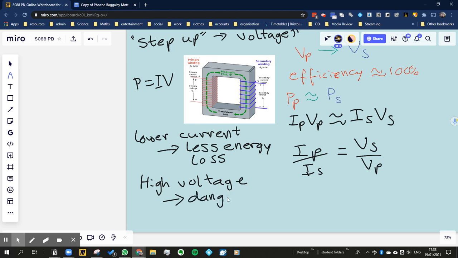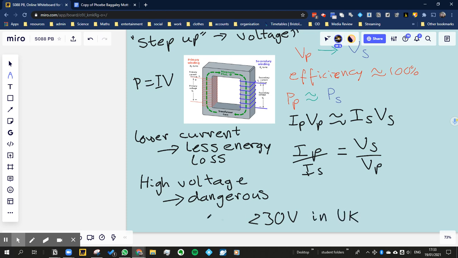If we have a high voltage in a residential area, there's more chance of electrocution, so we step it down once we get to the houses. In residential areas, the voltage is actually going to be 230 volts in the UK.